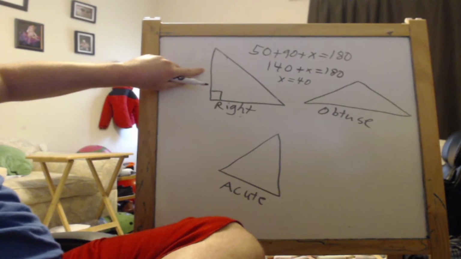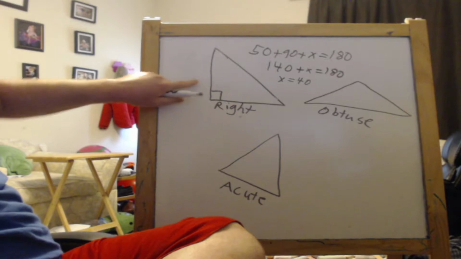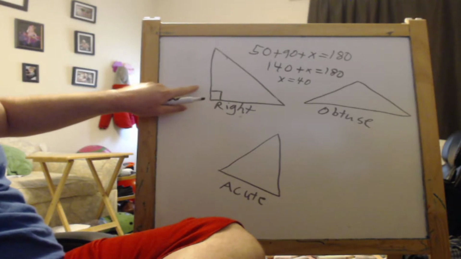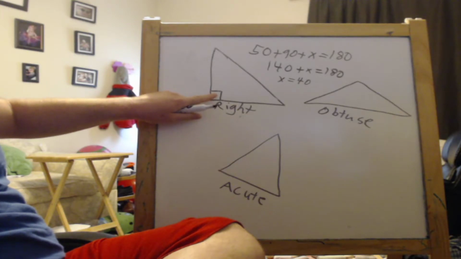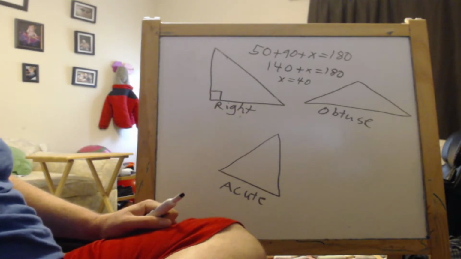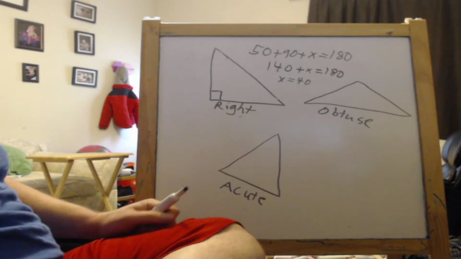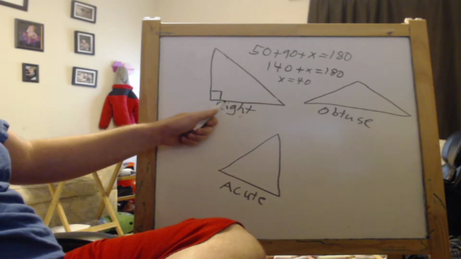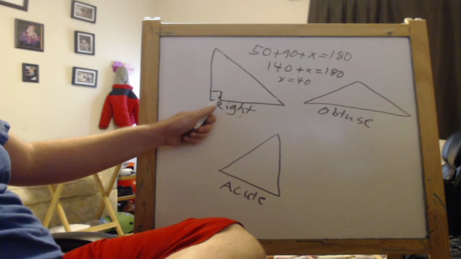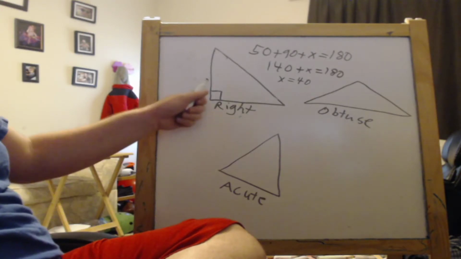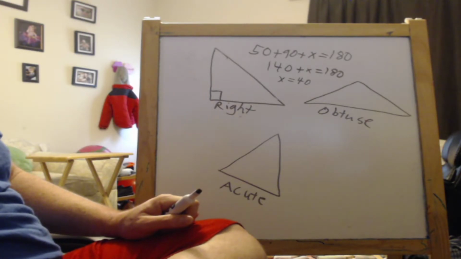Okay, so let's go through the three types of triangles. So this is a right triangle. And a right triangle is a triangle that has a right angle in it. And a right angle is 90 degrees. Okay? And this box right here shows that this is 90 degrees. This is the same angle that is in a rectangle or square.